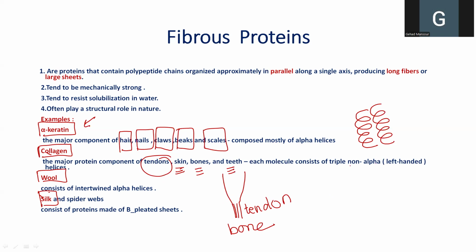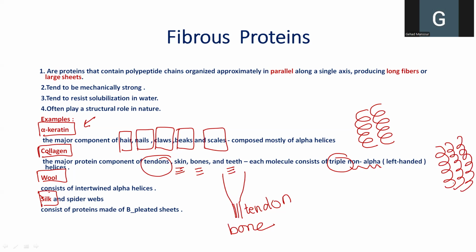But these helices are non-alpha helices, meaning that they are left-handed, which is related to clockwise and anti-clockwise, but don't bother studying this. They are triple helices, meaning that every 3 helices are together, and this is how collagen is formed.